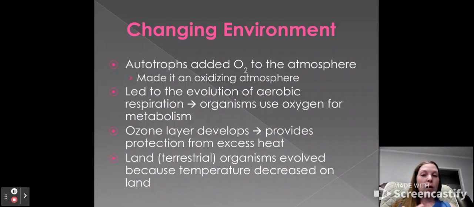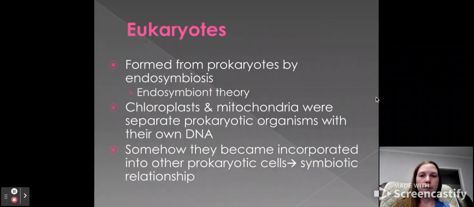As this occurred, it would allow the ozone to develop, and that provides protection from the excess heat, which is what allowed our Earth to cool down. And then the terrestrial organisms evolved because temperatures decreased on the land so they could move from water to land. And eventually we know that we aren't prokaryotes, so eukaryotes had to form somehow.